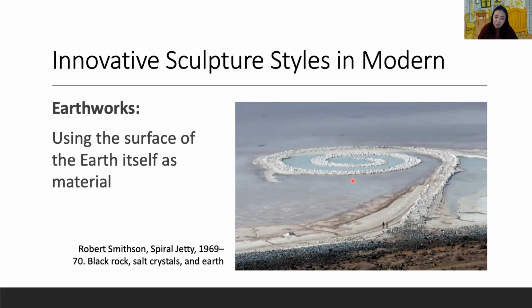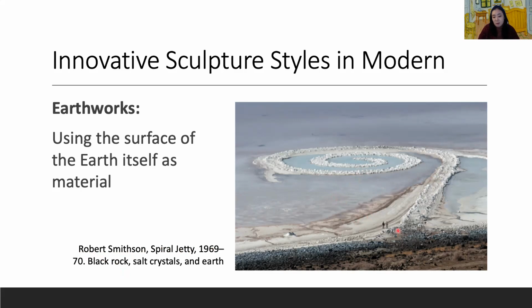So prehistoric artists of the Americas made monumental sculptures that used the surface of the earth itself as material. So this was additive sculpture on a very large scale. And the best known modern earthwork is Robert Smithson's Spiral Jetty in the Great Salt Lake in Utah.